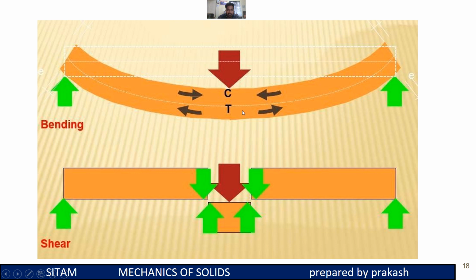That means the upper portion of the beam undergoes compression, and the lower portion of the beam undergoes tension. Coming to the shear force, shearing takes place at the ends of the supports or at the point where the load acts.